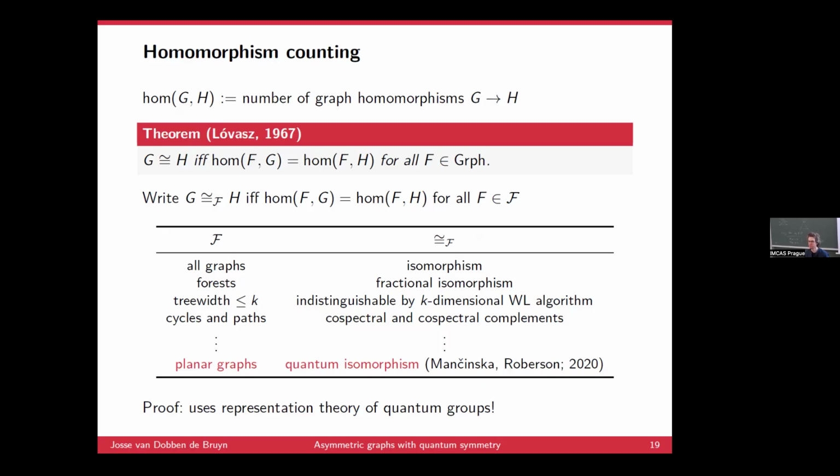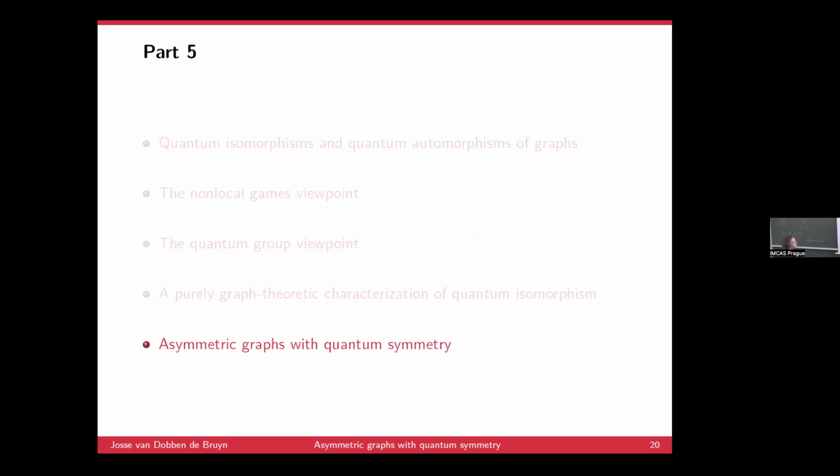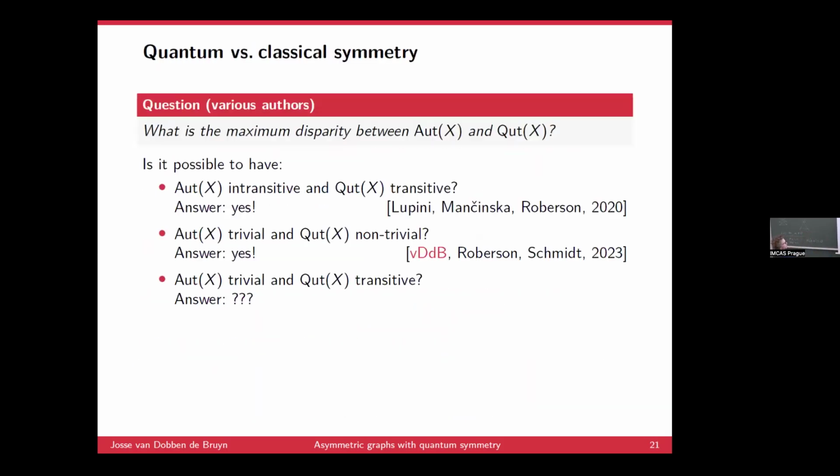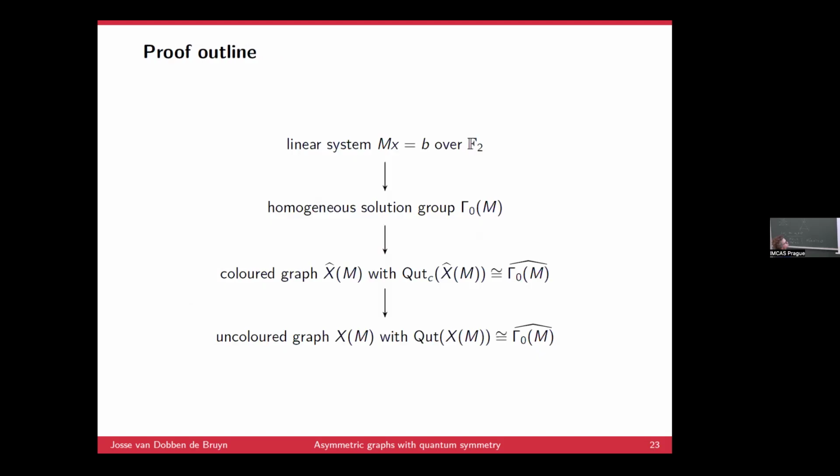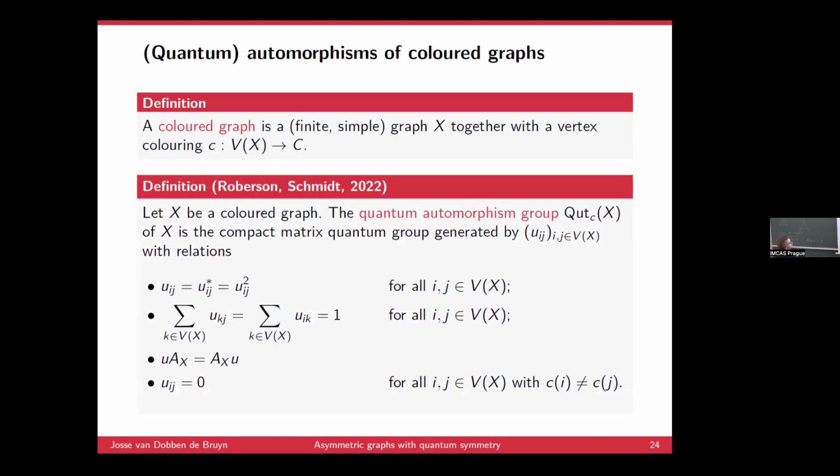Yeah. So I see why coloring would be an example. But just by definition, right? Where did I put the quantum automorphism group of a colored graph? It's just that you're adding one relation to the universal C-star algebra.